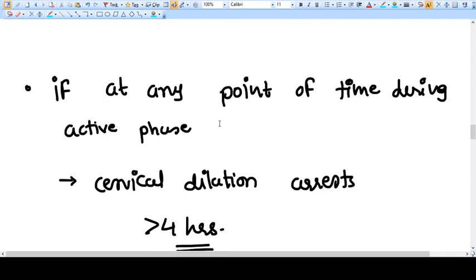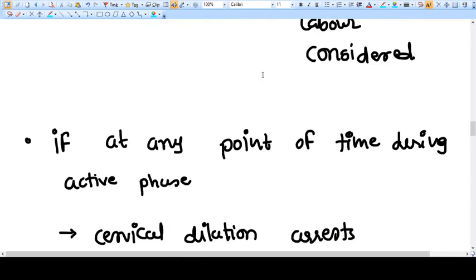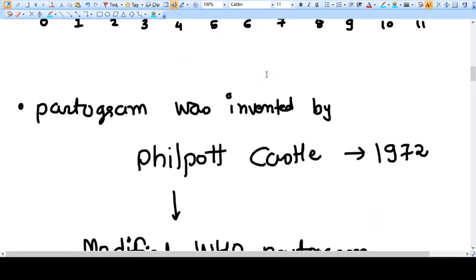For example, if labor progression is not happening in the active phase for more than 4 hours, that means the labor has been arrested and we need to take some very strong action. So that's why we are doing this partogram.